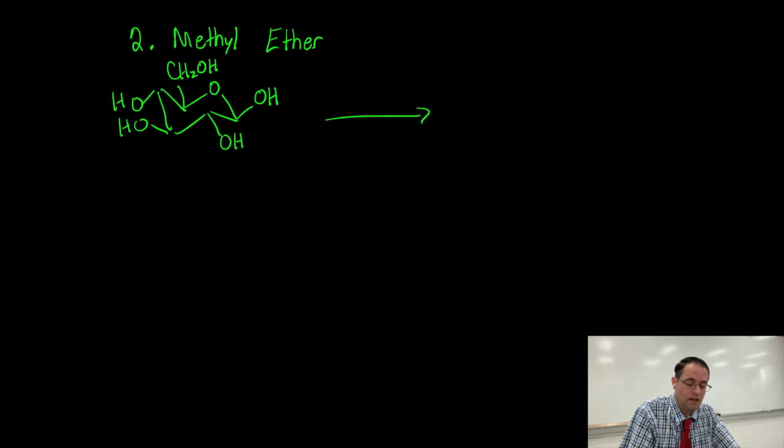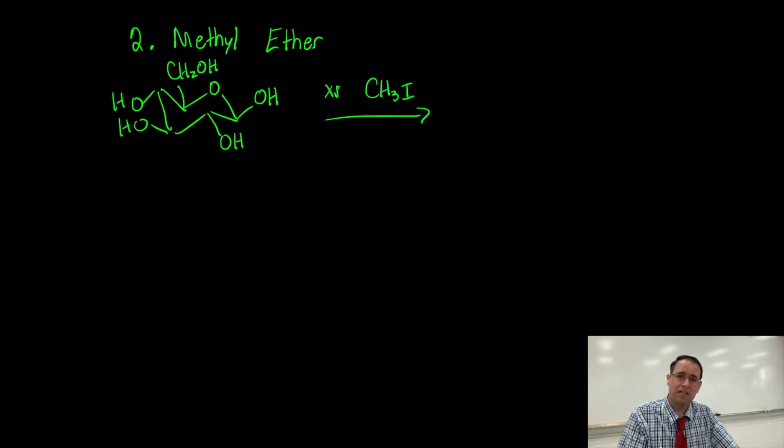Okay. And we're going to do an SN2 reaction with methyl iodide. Okay, we're going to add excess methyl iodide, okay? And then we need a base present to deprotonate the hydroxyl groups so that they're stronger nucleophiles and will attack the methyl group and kick off the iodide, as you know from the Williamson ether synthesis, okay?